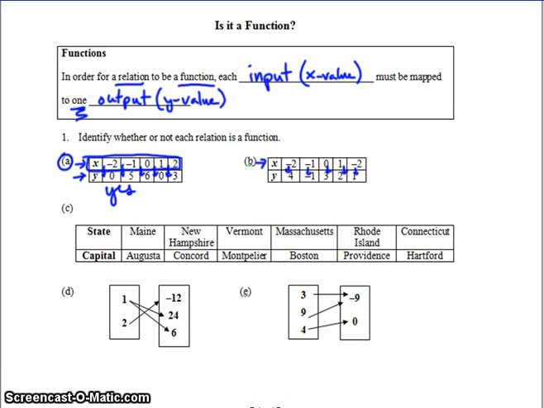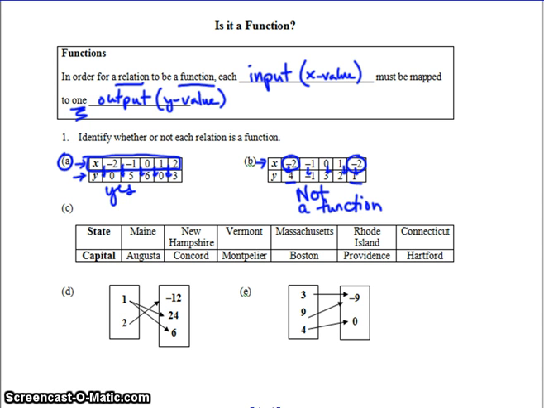Now this is not a function, because we have two inputs that are the same, -2 and -2, and -2 has technically two outputs. So this is not a function because -2's output is 4 and 1. It's almost better to see in a style like D or E, and we'll get to that in a second.